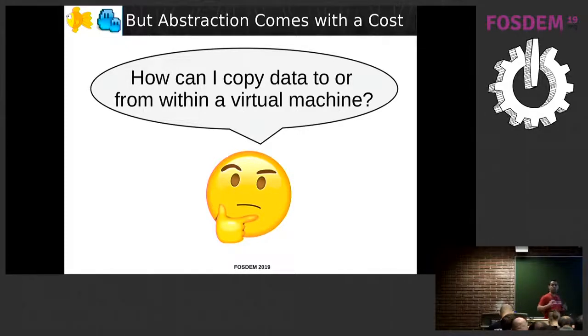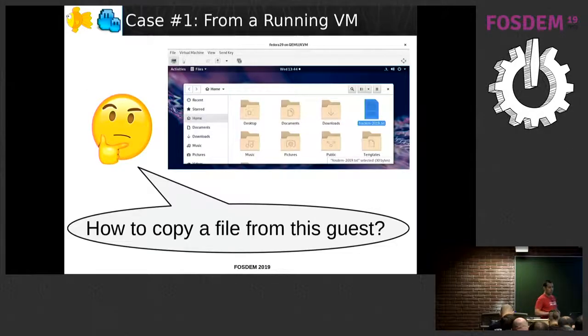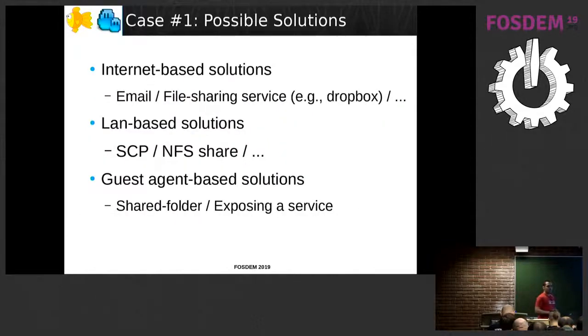Let's consider two different cases. One, we have a running virtual machine, and let's say that we want to copy a file from within the guest to the physical host. So I try to think about the possible solutions that are available today. Some of them are internet-based.